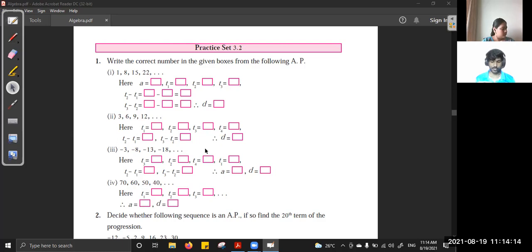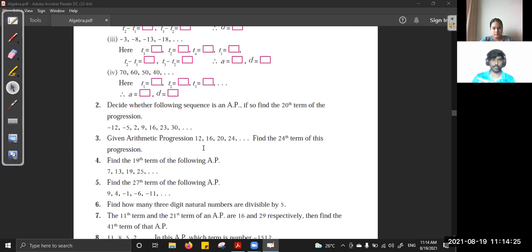Practice set 3.1, sorry, 3.2, question 1 full, then 4 and 5. Question 4 and question 5.